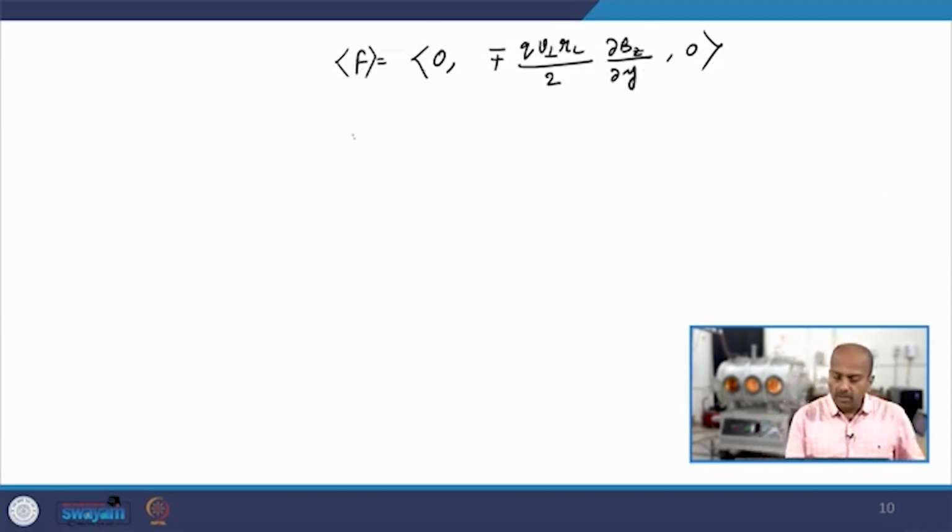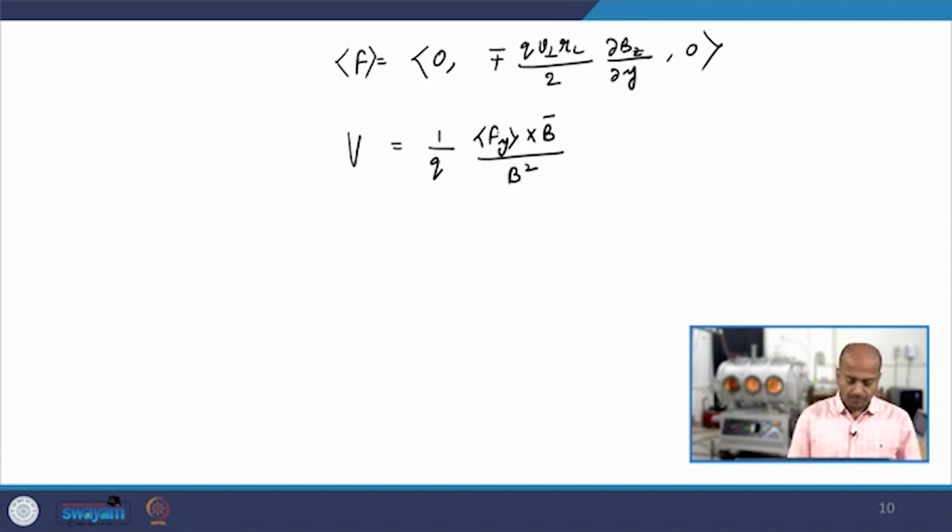Now, let us evaluate the drift, because this drift is because of the change in the magnetic field. We will say 1 by q, since Fy is the only non-zero component of the force, Fy cross B by B square.